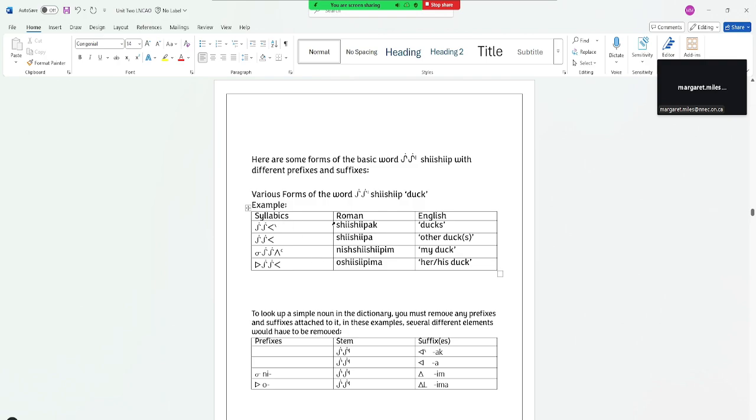On the top it says shishib, duck. Shishibak. So here ak is added to the word at the end, which means ducks. Shishiba. Ba is added at the end of the word, which means other ducks.